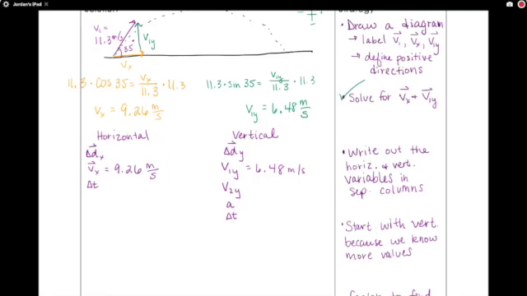We also know acceleration is negative 9.8 meters per second squared. We also know the displacement of y, because if we start here and we end here, our vertical displacement is going to be 0.